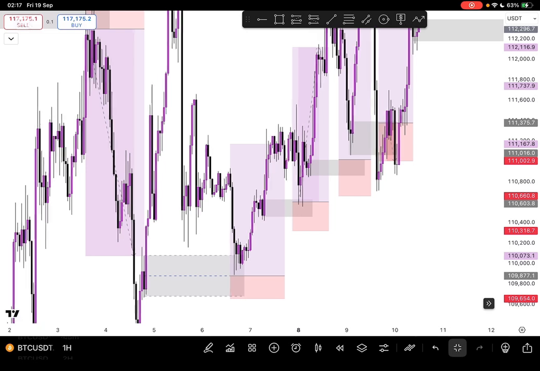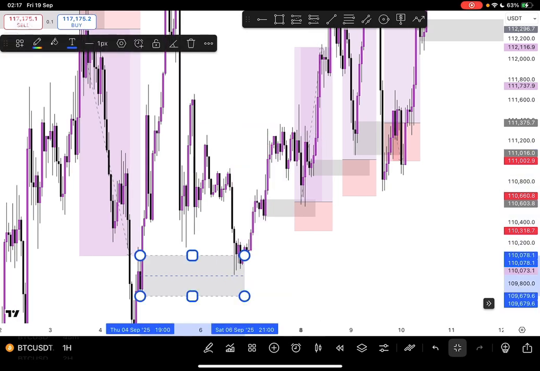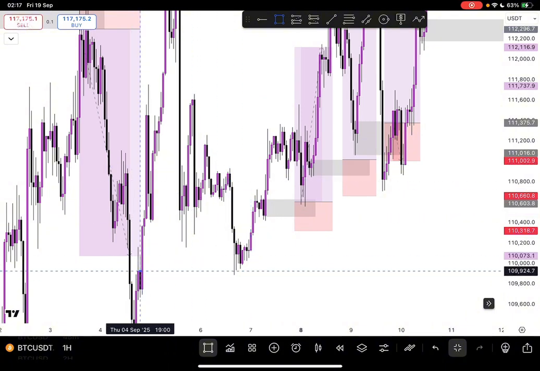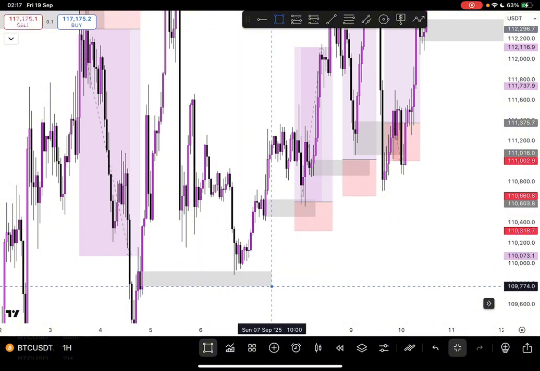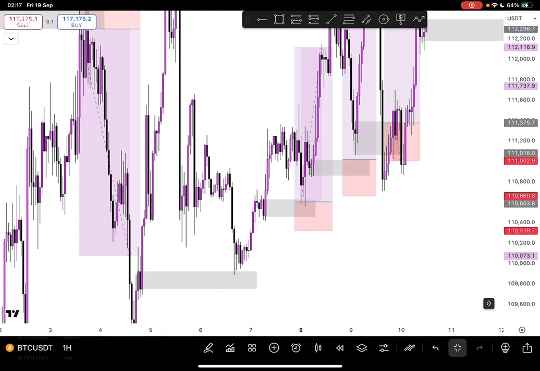But for that sniper entry, you have to stick to marking out only the body of the order block candlestick.